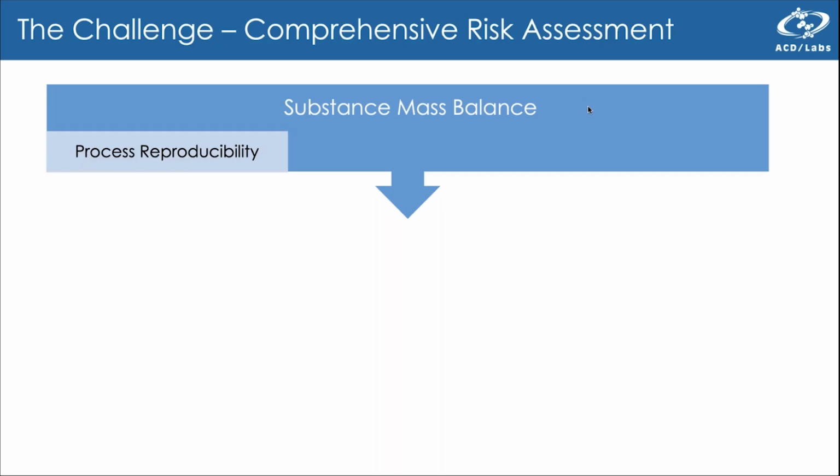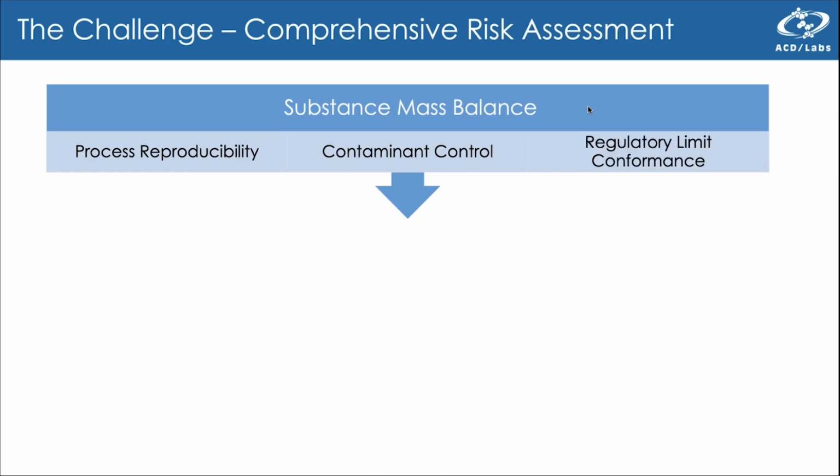It helps to ensure process reproducibility, of course, contaminant control, as well as if your products are within certain regulated industries, some contaminants or impurities have regulatory limits imposed upon those particular substances.